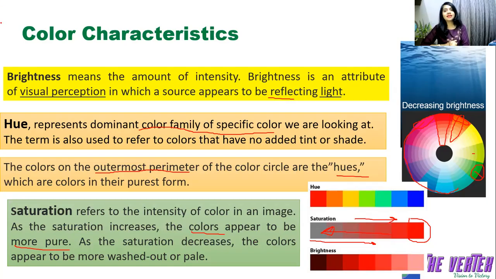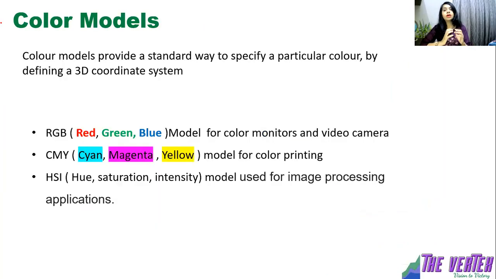So these are the three characteristics of color, that is brightness, hue and saturation. Now there are different color models. Here in this video we are concentrating on three important color models. The first is the RGB color model. RGB stands for red, green and blue, and these are used in color monitors and video cameras.